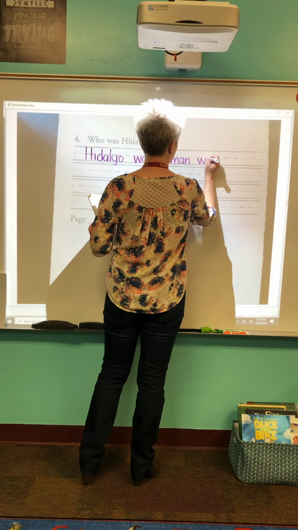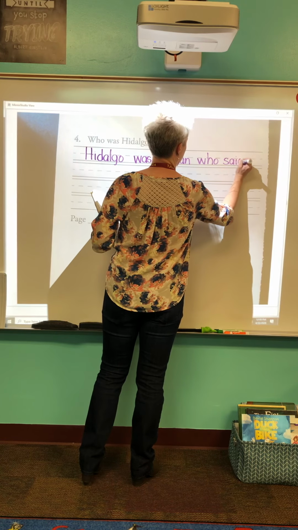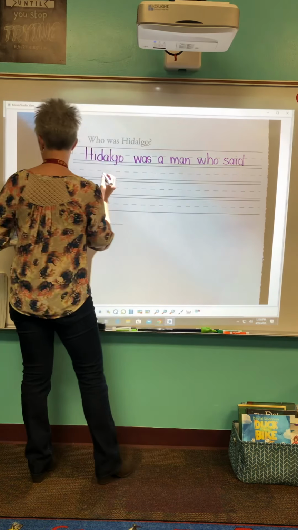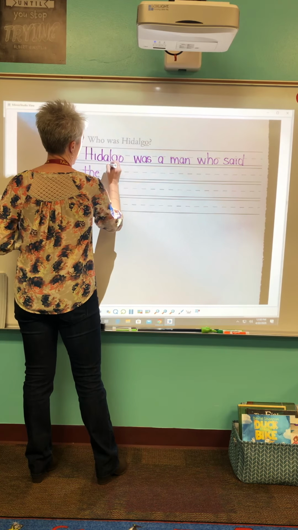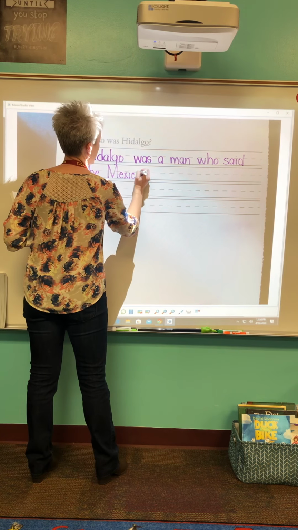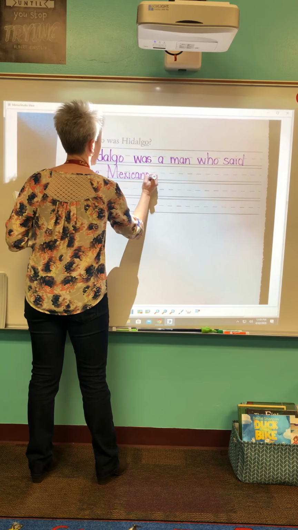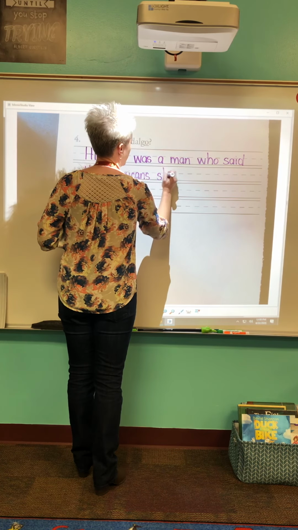who said, tricky word, said, the Mexicans, and Mexicans is a capital, that's a proper noun, should be free from the Spanish.